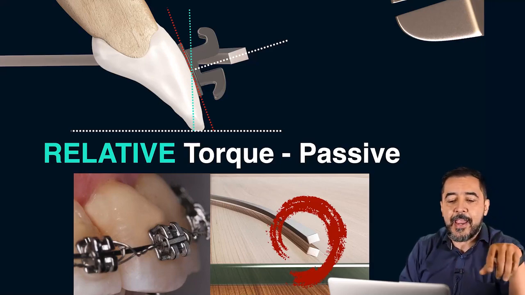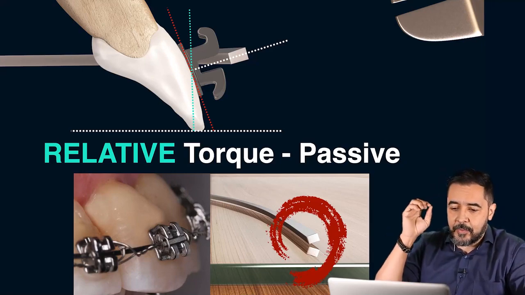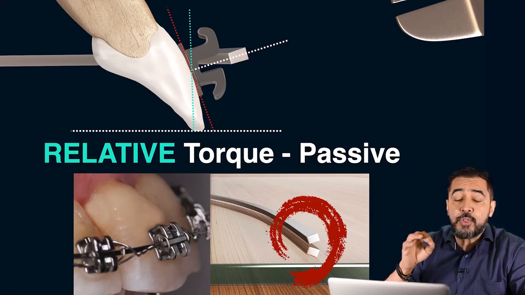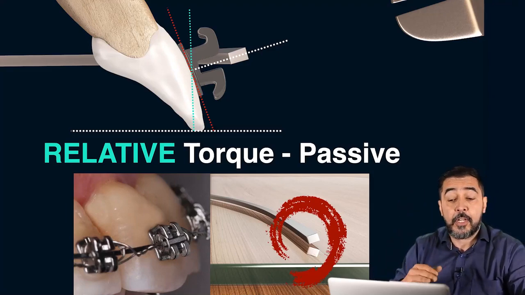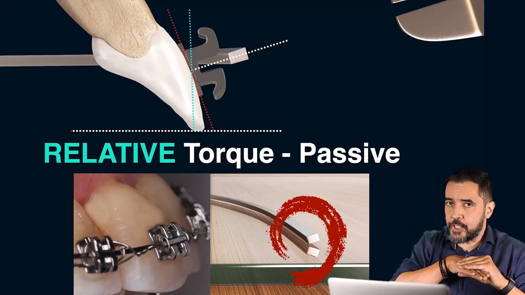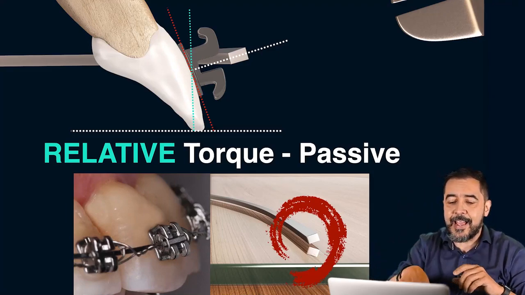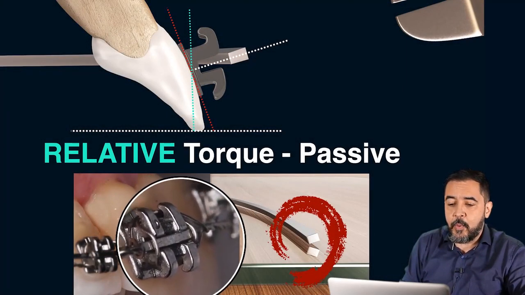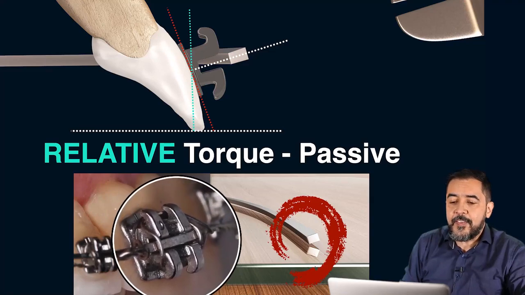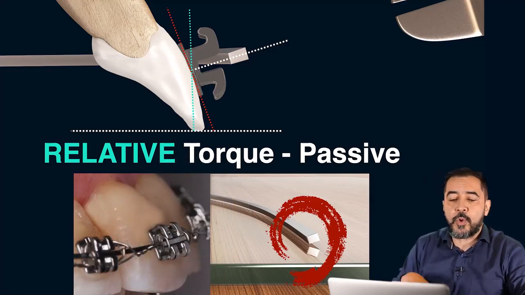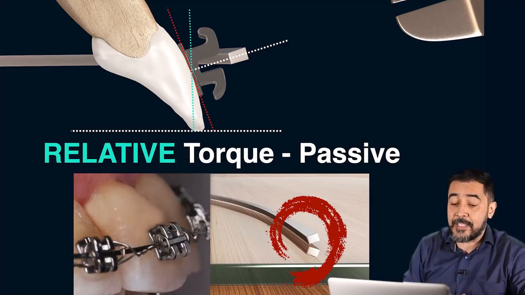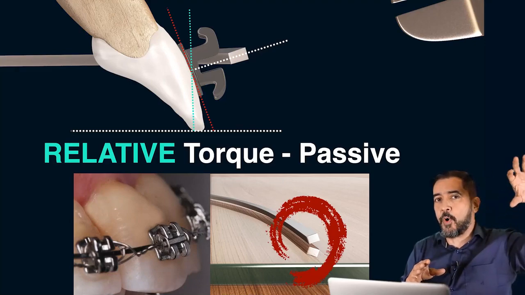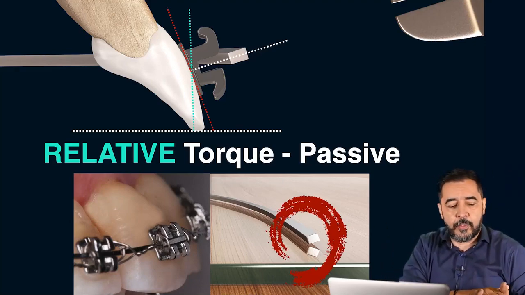In this case, if he had managed to do this insertion of the arch wire inside this slot, this is the case I'm showing you now. If he managed to do that, what was going to happen to this patient? Because this patient didn't have enough buccal bone over the root.